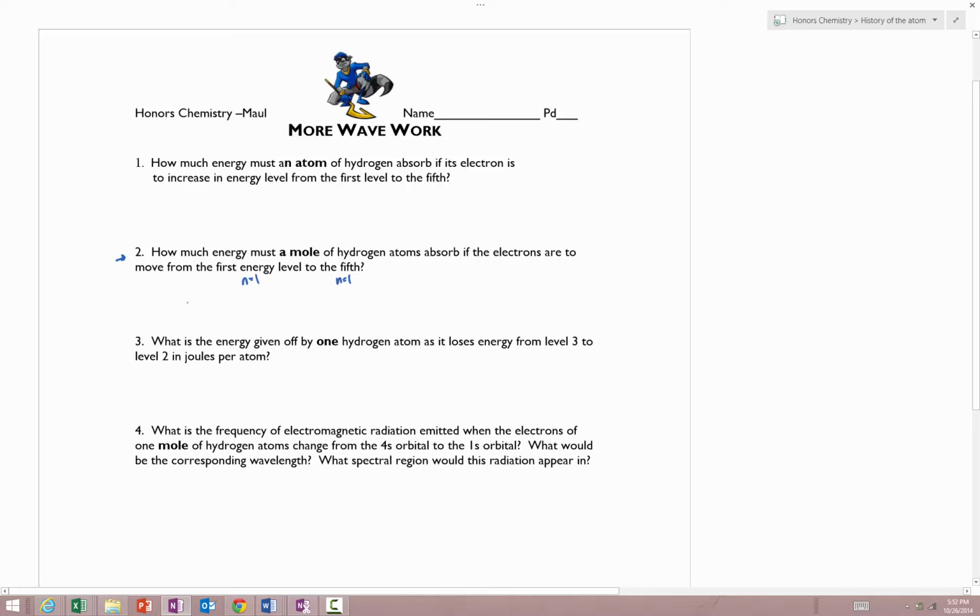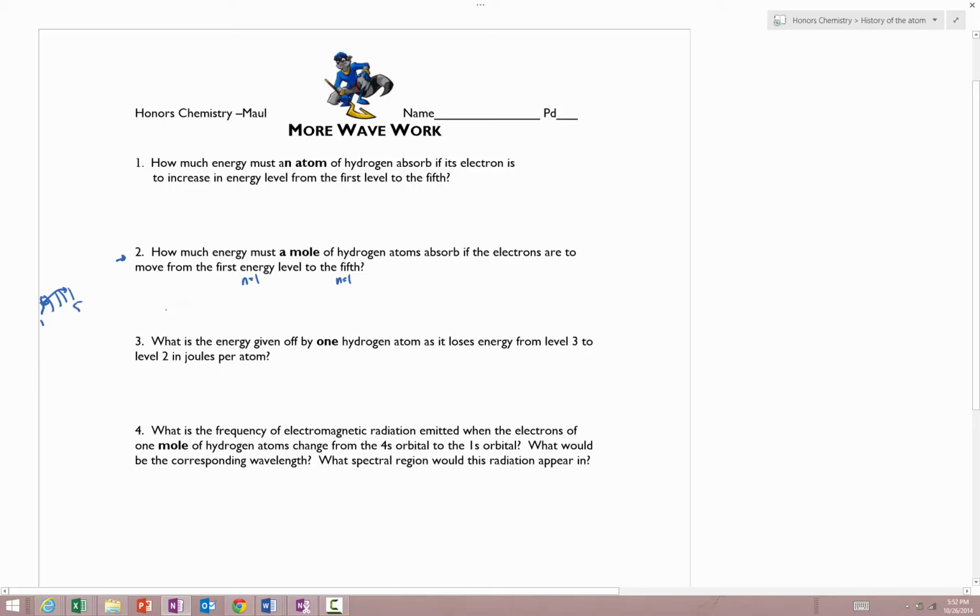And so for this problem it's asking you how much energy must that little electron absorb to get from that first energy level to the fifth. So my little electron is going to be absorbing some energy to jump to the fifth one. I want to find out how much energy it's going to take to do this for a whole mole of hydrogen atoms.